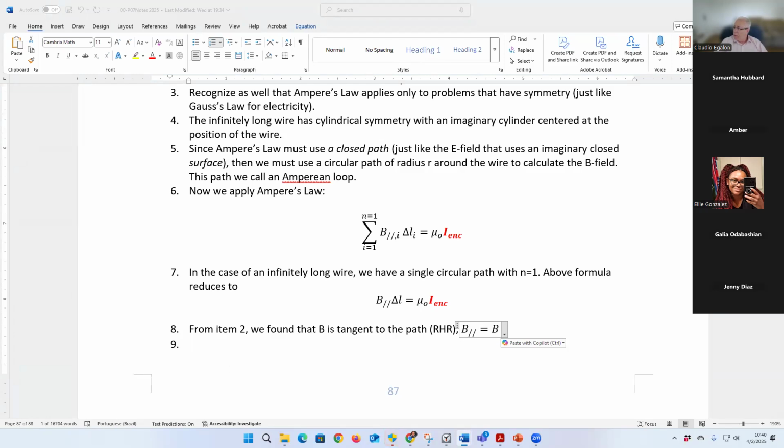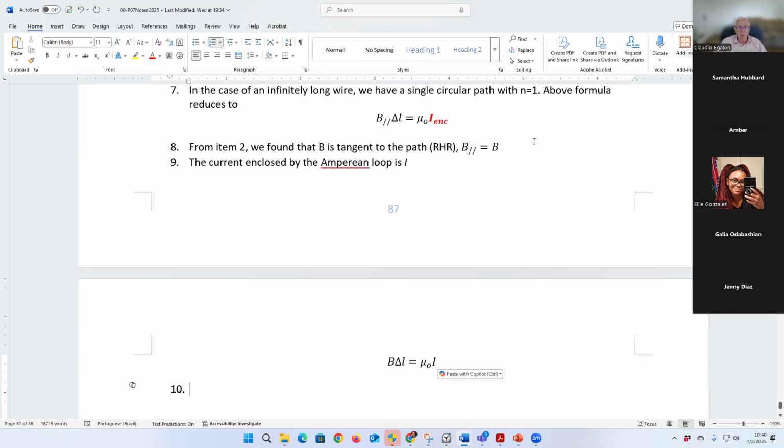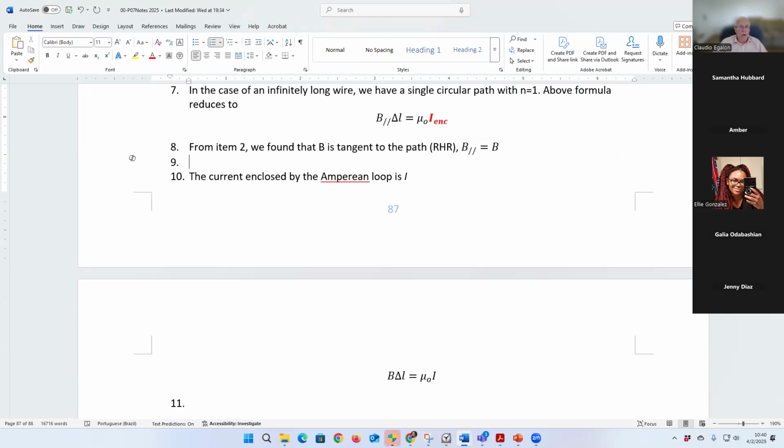The current enclosed by the Amperian loop is I. There is just one current being enclosed there. You do not have multiple currents.